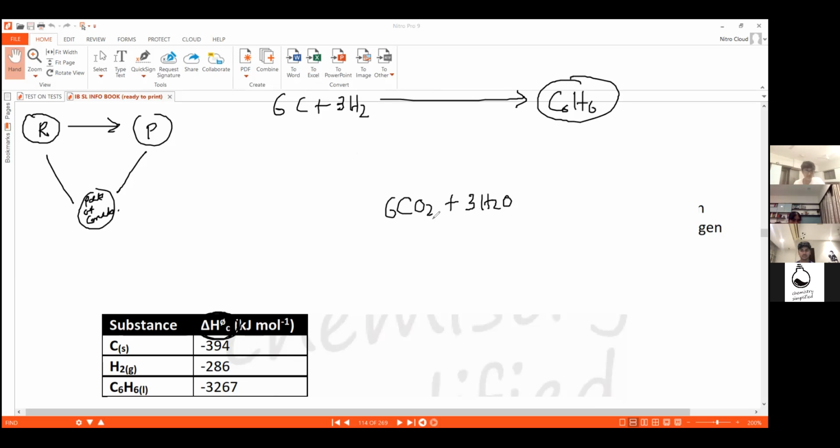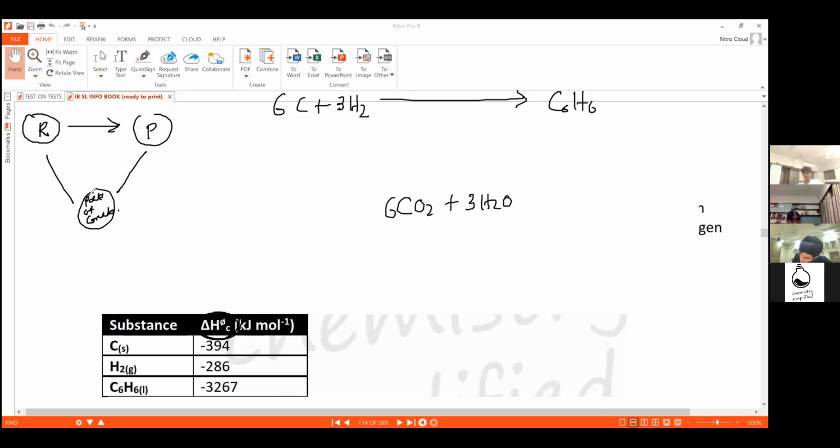Same thing, 6 carbon dioxide and 3 water. When formation values are used, what do you write in the third corner? Your elements. And if combustion values, in the third corner you'll write the products of combustion of reactants and products.